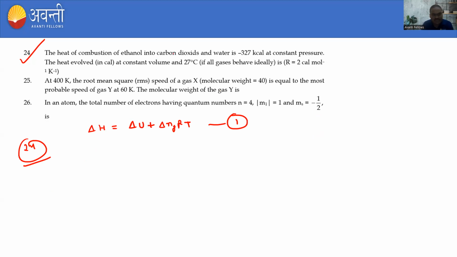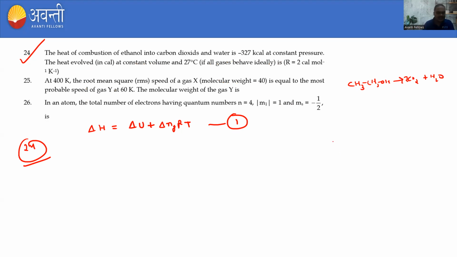Ethanol, CH3CH2OH, is converted into CO2 and water, right? So at constant pressure, the heat evolved in calorie at constant volume, you need to calculate.